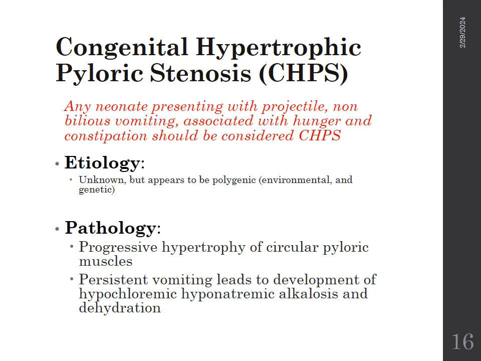Etiology is unknown, but it appears to be polygenic, environmental, and genetic. The pathology is a progressive hypertrophy of the circular pyloric muscles. This leads to persistent vomiting in the baby, causing development of hypochloremic, hyponatremic alkalosis and dehydration.